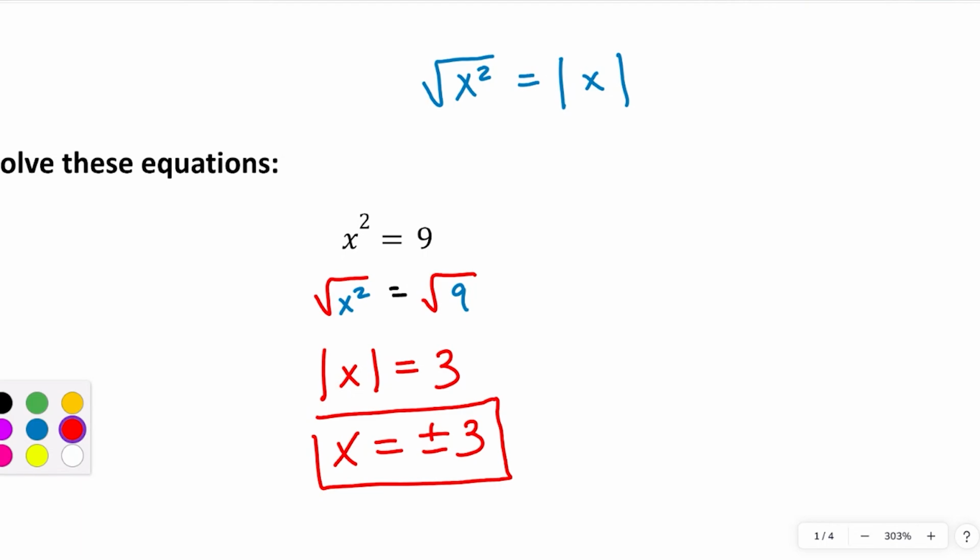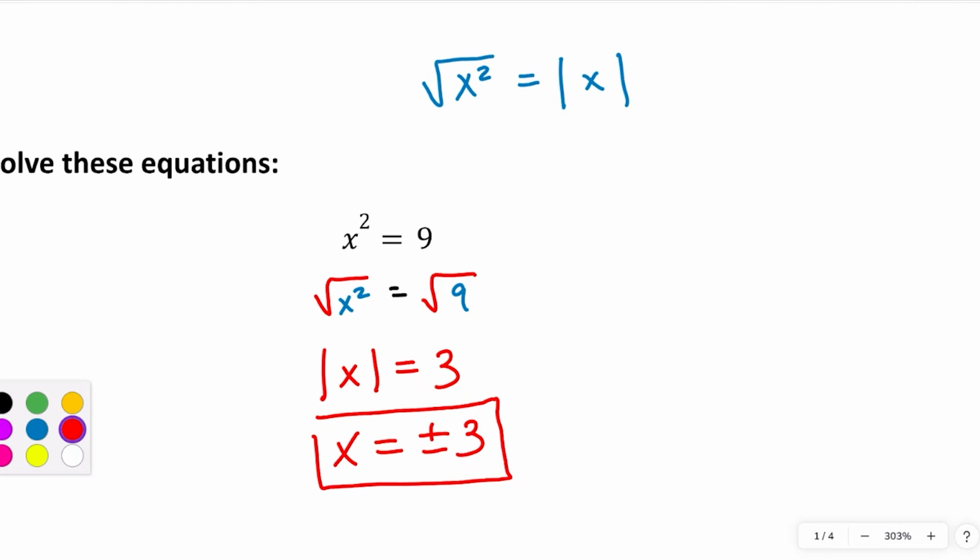Now, when you start to get the hang of this technique, you might just skip over this whole absolute value step. If you just remember that, hey, a quadratic in this form, like x squared equals a positive number, is going to have two solutions. It's always going to be plus or minus whatever that square root is.